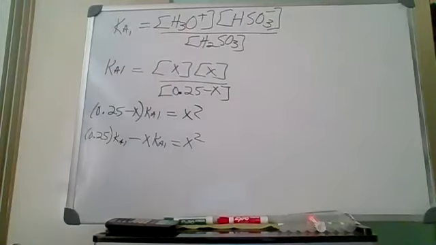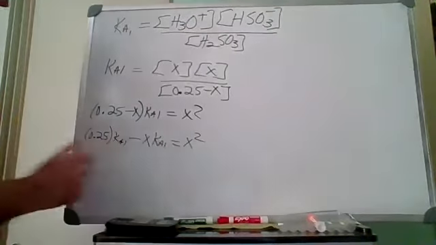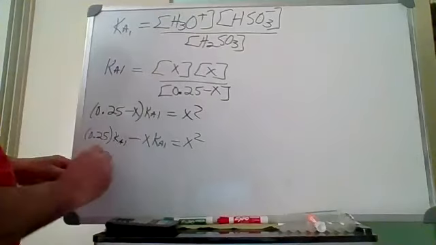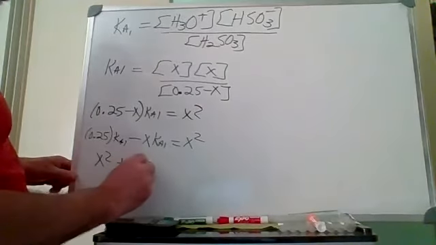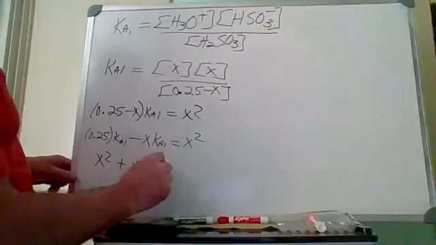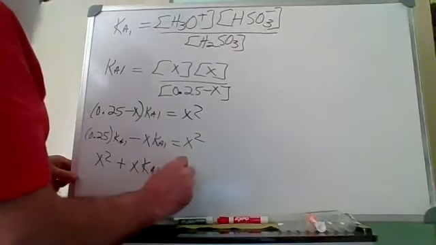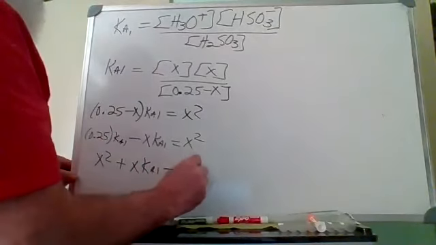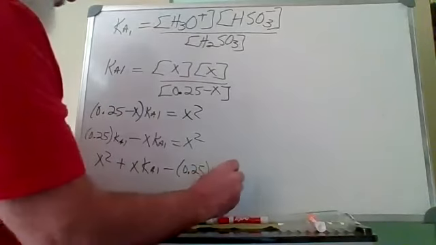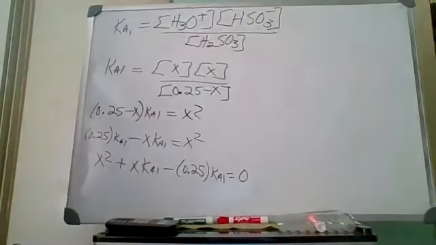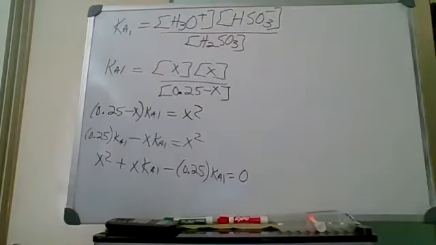Now let's move everything to the same side. So I'm going to have x squared plus x times Ka1 minus 0.25 times Ka1 equals 0.